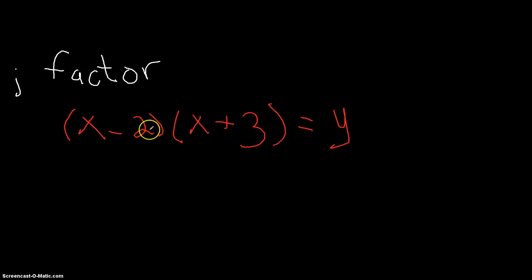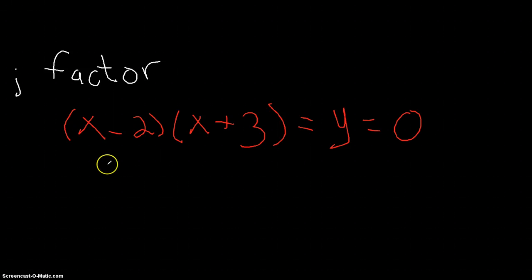So this would be the same equation here. We'd set y to 0, and we would solve. We're going to have two values that we come up with. If x minus 2 equals 0, then y would equal 0. Or if x plus 3 equals 0, then y would equal 0. Because if this part equals 0, then 0 times any number would be 0, and vice versa.